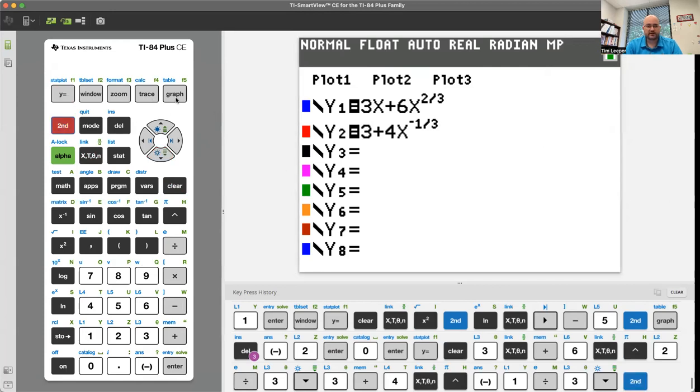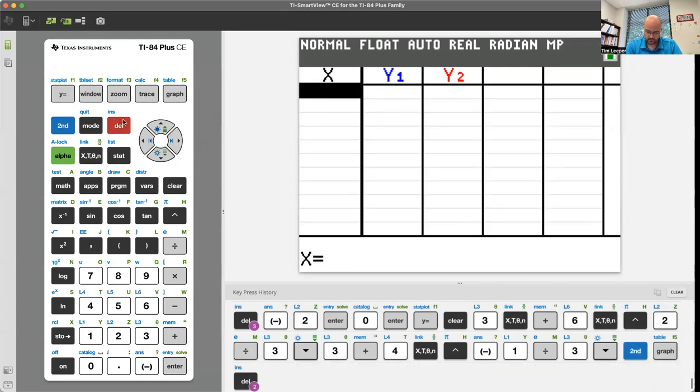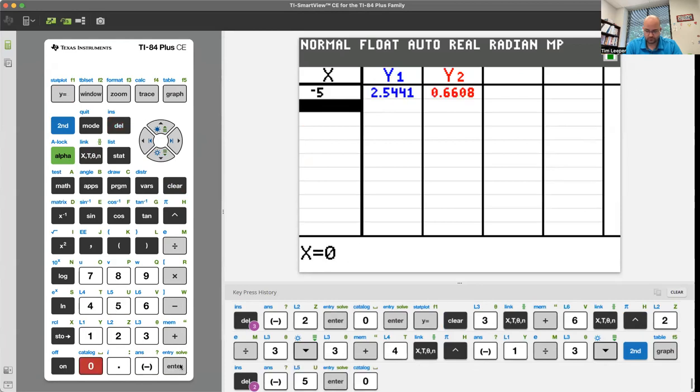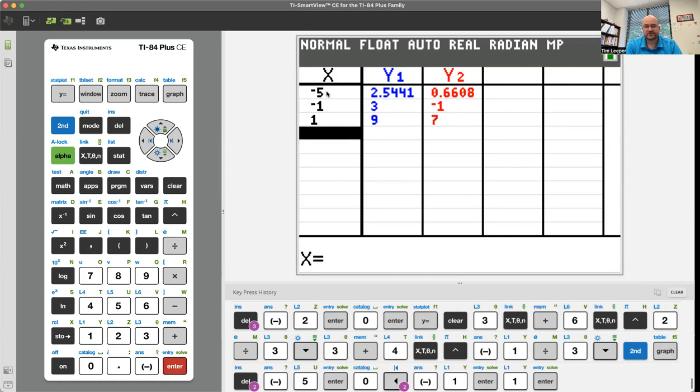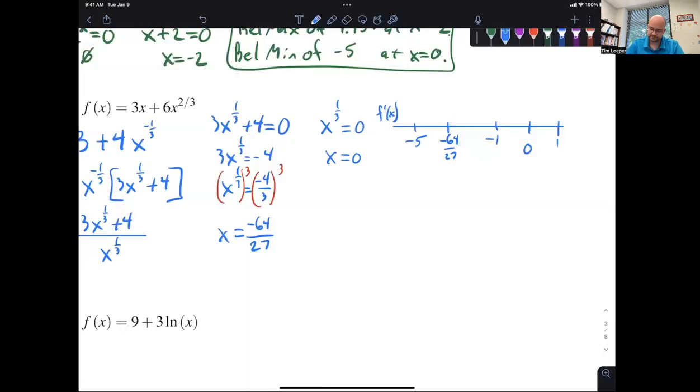Good. Then if I go to the table, I'm typing in negative 5, negative 1, and 1. There we go. So notice that negative 5 is positive, negative 1 is negative, and 1 is positive for the derivative, I should say. So positive, negative, positive.